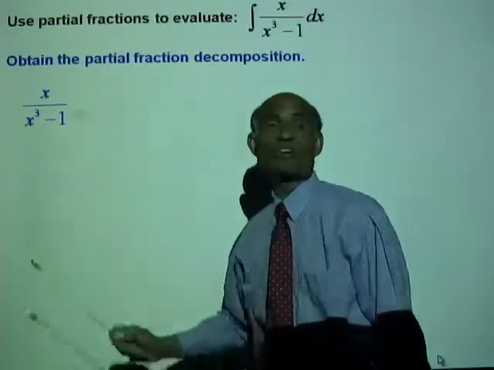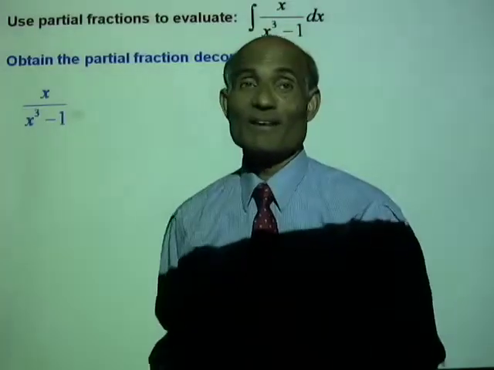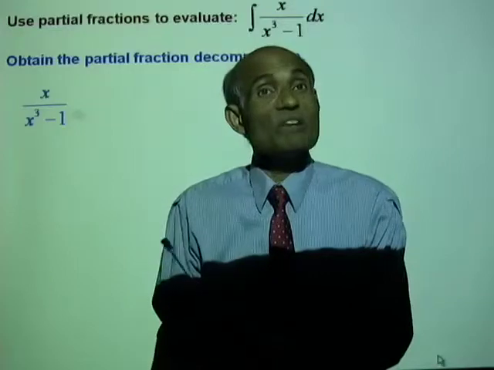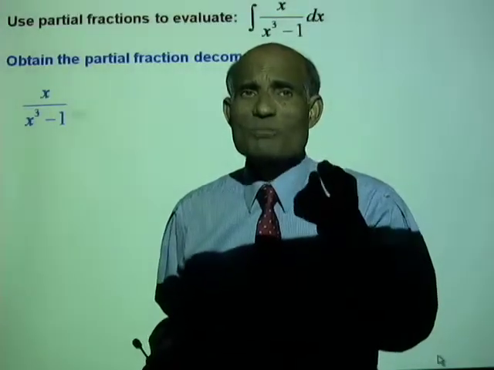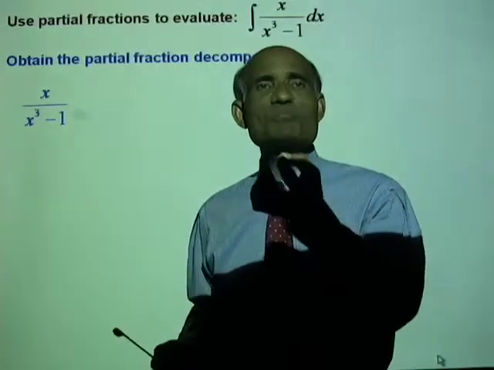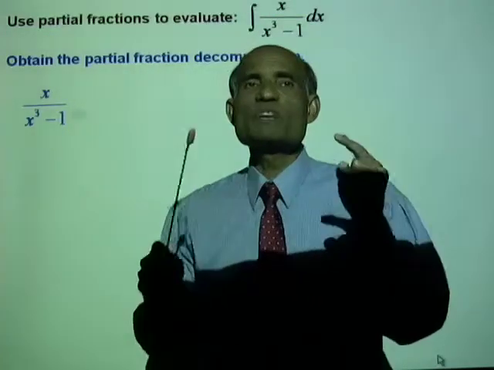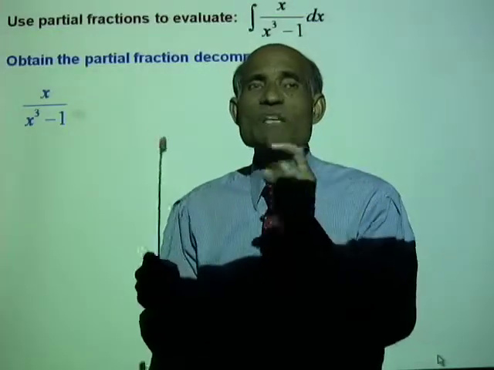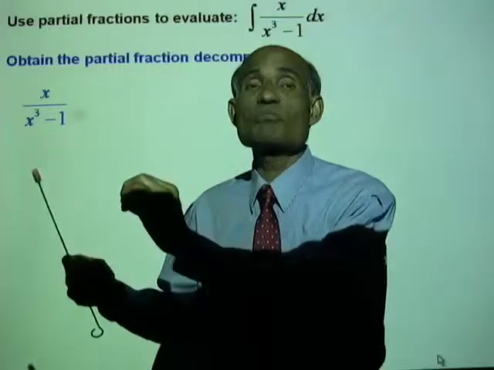The denominator is x cubed minus 1. Well, x cubed minus 1 can be factored. Now, how do you expand a cubed minus b cubed? A cubed minus b cubed is a minus b times a squared plus ab plus b squared.